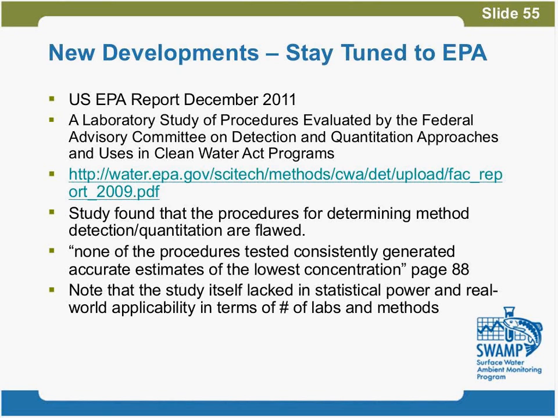Now, I want to caveat that: their study was in itself lacking statistically, because for real-world applicability you have to extrapolate, since they didn't use very many labs and they only used a few methods. So I don't know that we can say, let's throw everything out.